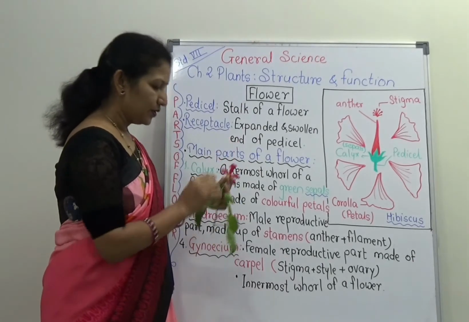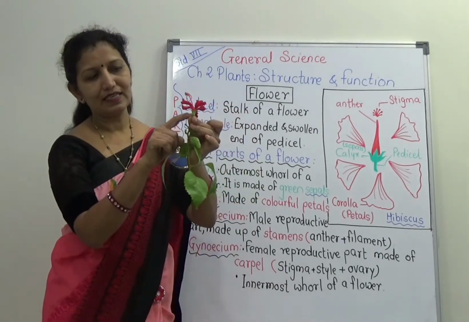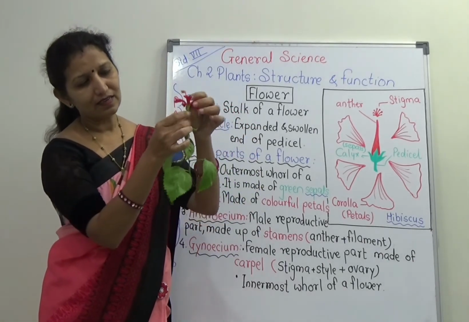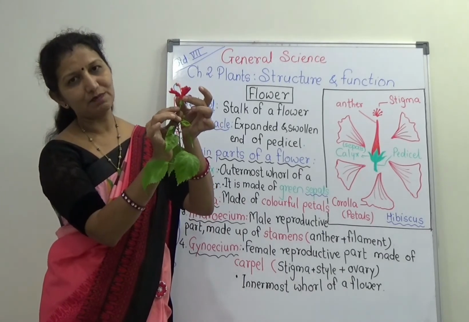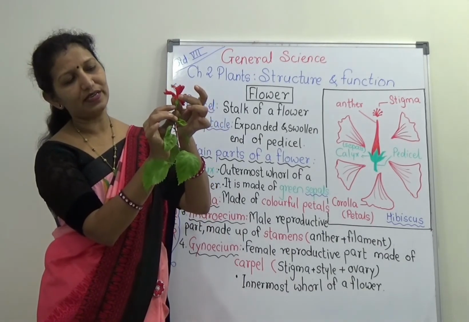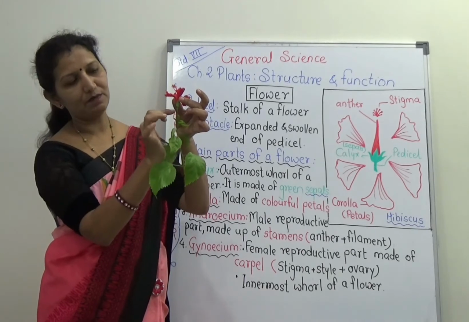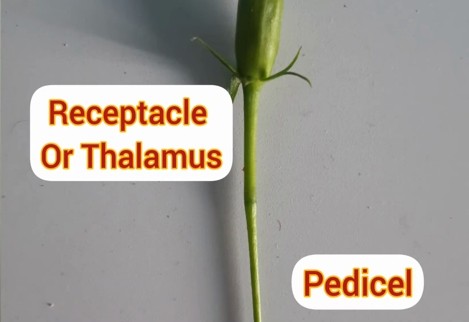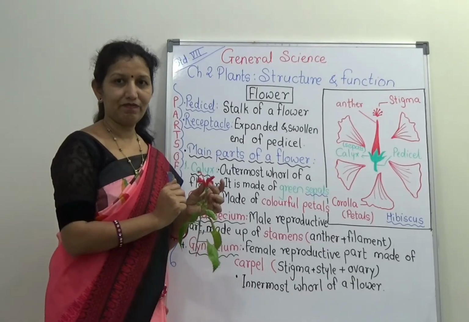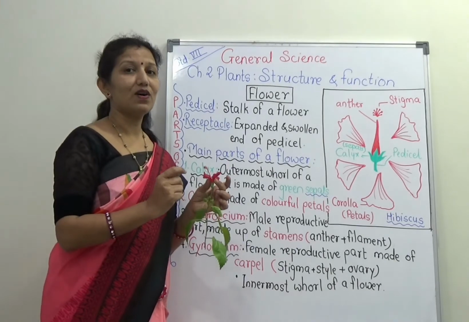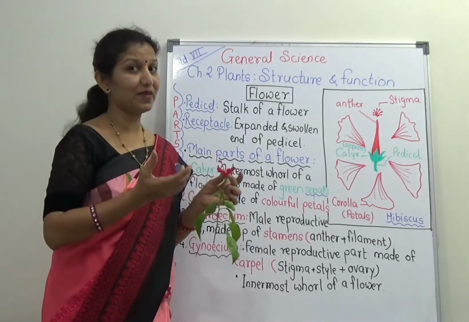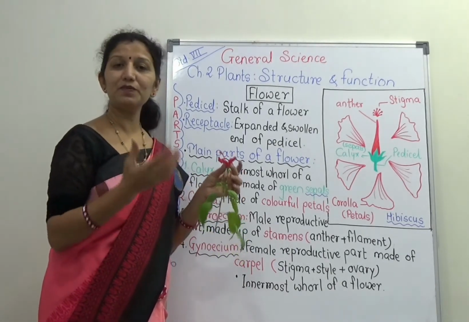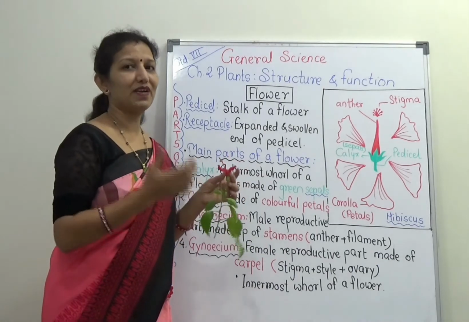Now you must have seen this bulging, expanded and swollen part here. It is below the flower. The flower is based on this, and that is called receptacle or thalamus. In Marathi, it is called pushpadhar. Pushpa means flower, adhar means support. Pushpadhar.